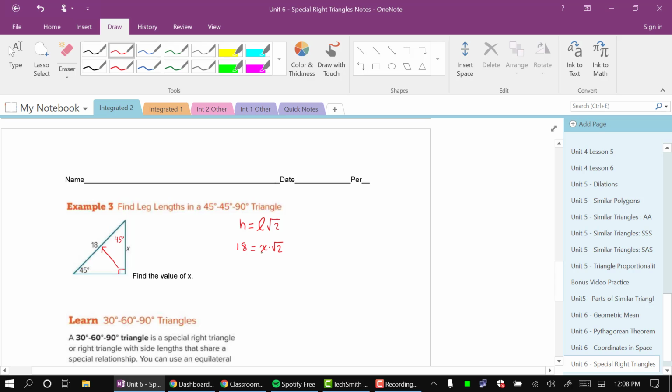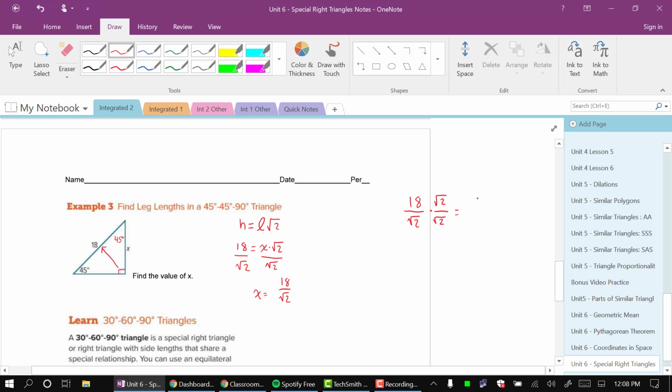To solve this, I'm going to undo what's happening to x, so I'm going to divide both sides by root 2. I get x equals 18 over root 2. But I don't like to have a root 2 in the bottom, so I have to get rid of that. How do I get rid of it? Well, we saw in the previous problem that we just have to multiply it by itself, so times root 2 over root 2. Basically we're multiplying it by 1.